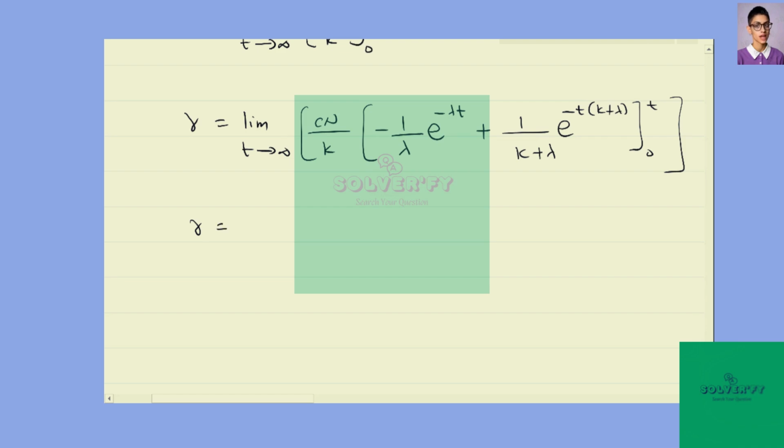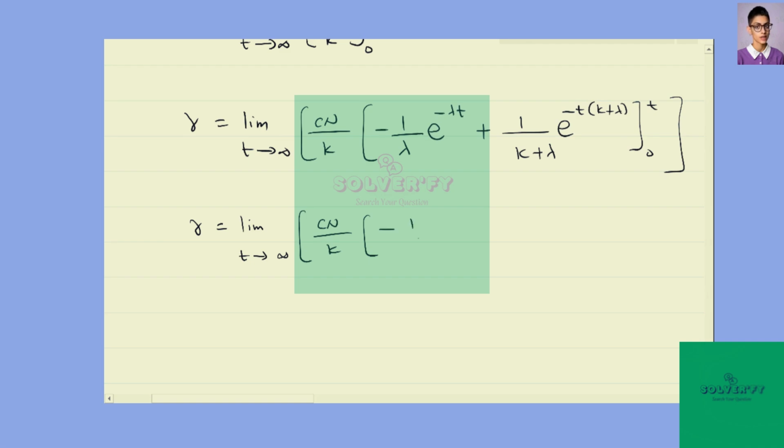Now the ones that are involving the t can be replaced, the 0 and the t as well. So c and k, when you put t over there, you have t all around.